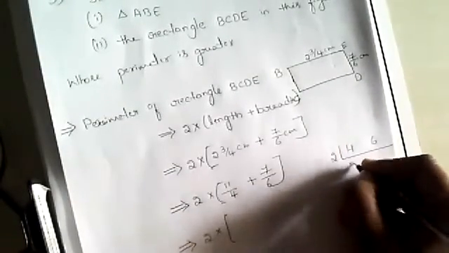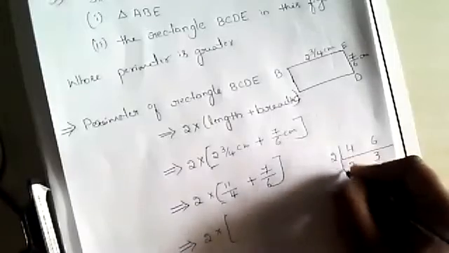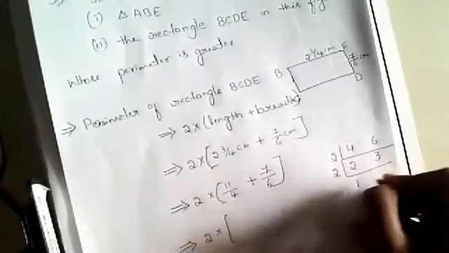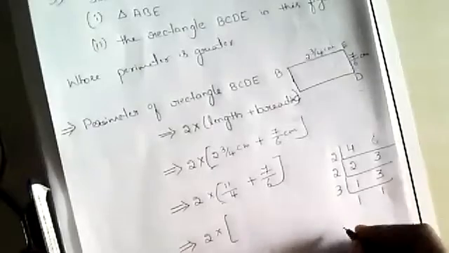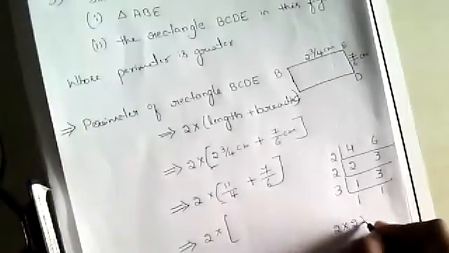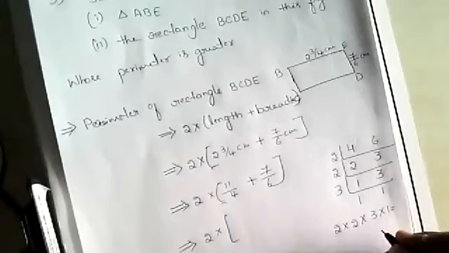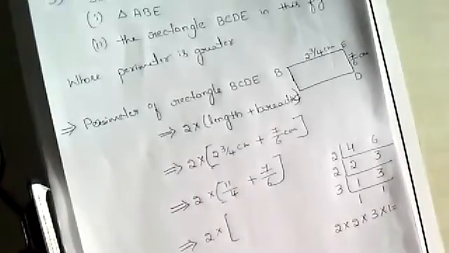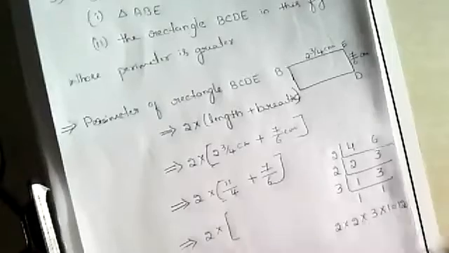From the 2 table, 2 2s are 4, 3 as it is. So 2 into 2 into 3 into 1 equals 2 2s are 4, 4 3s are 12.